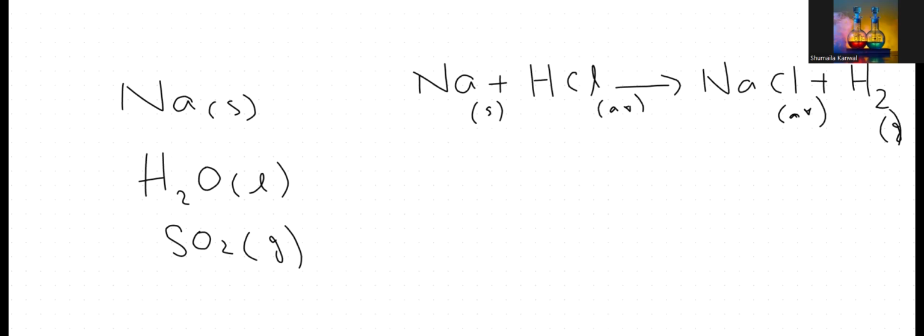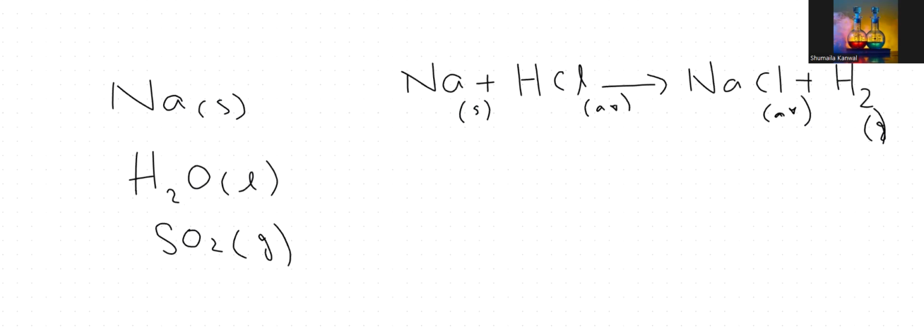Now let's think about the steps again. We know that for a solid, you are not going to write any charge on that substance. So you will write Na as it is, without any charge, plus acid. As soon as the acid dissolves in water, it will split into two ions, hydrogen ion and Cl ion.